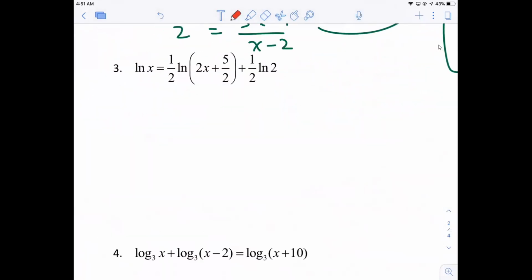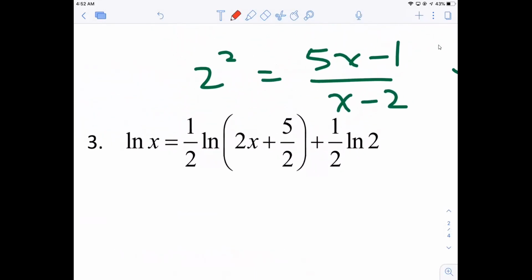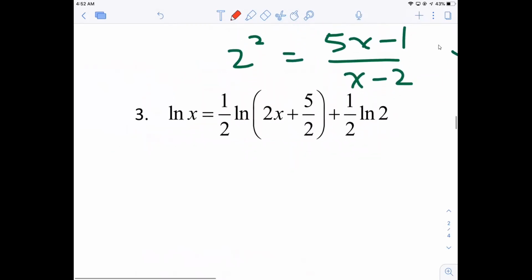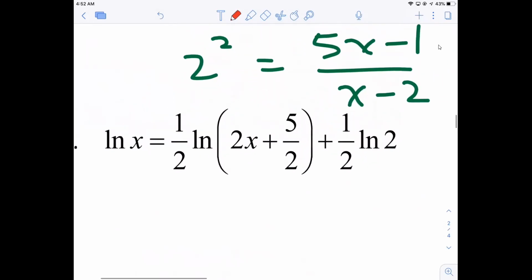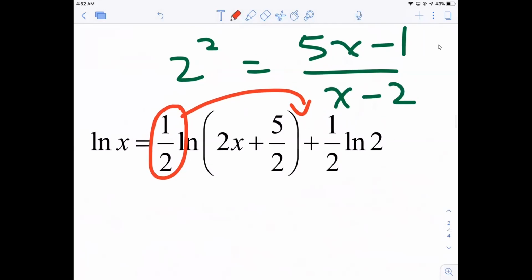We got the natural log of x equals all of this. Interesting. So what should we do here? Well, I see it's a half power, so I can raise that to the half power.